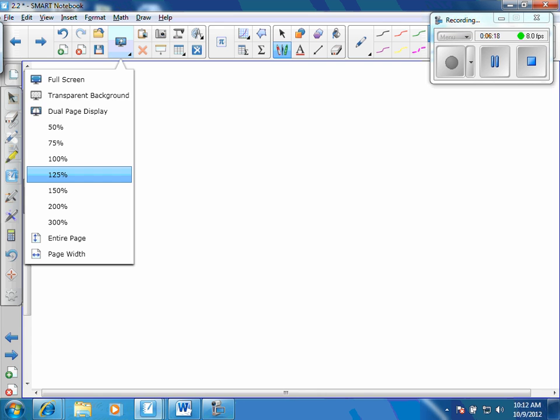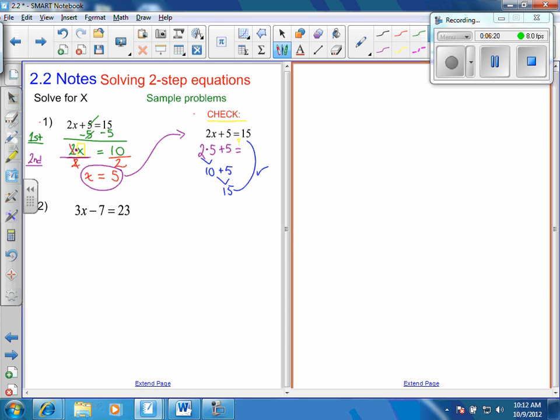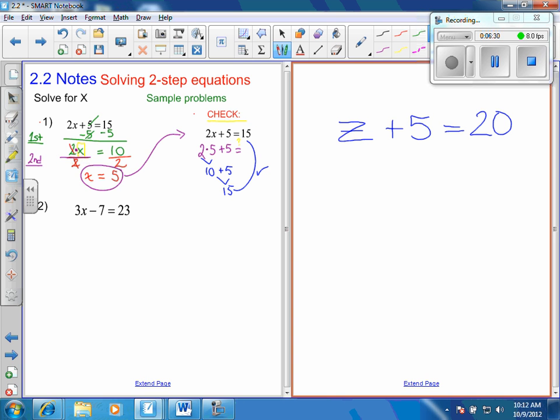Let's go to something similar to last night. If you had like z plus 5 equals 20, okay? To undo that, you would be thinking in your head, I need to find a number to add to 5 to get 20. What's that number just in your head?